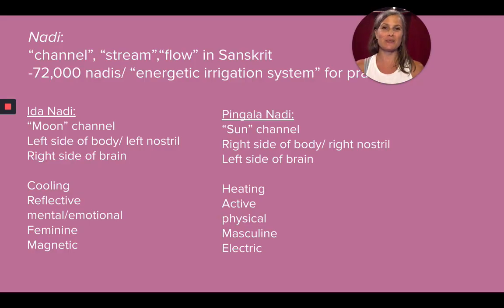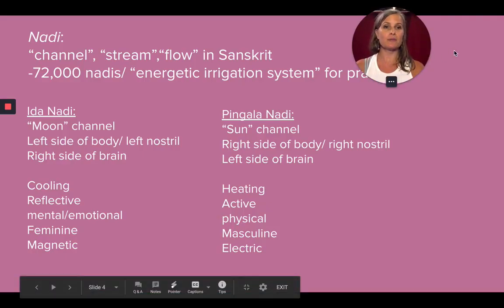I love that descriptor. So there are 72,000 nadis within the human physical energetic body. And these create the energetic irrigation system for prana.